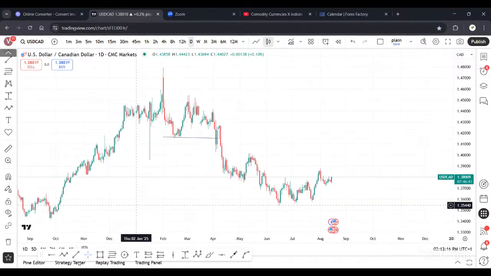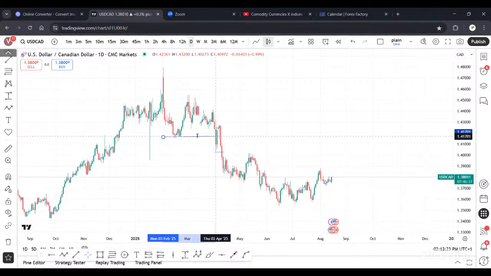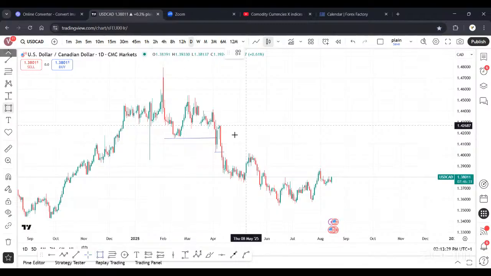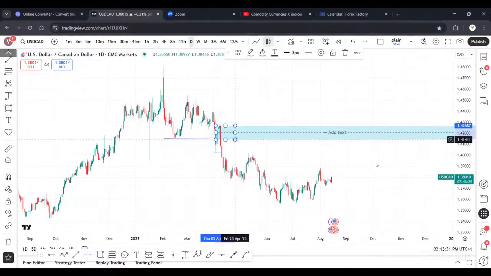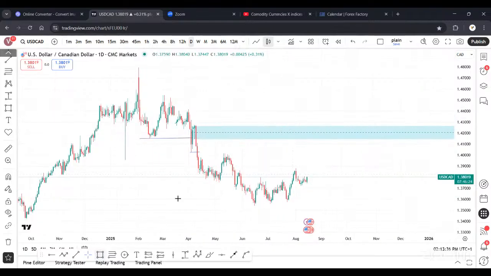So this is now another level to look at here. This is now an area of interest that price could eventually trade into all the way up here. I'm going to go ahead and draw this doji candle here also as a point of interest.